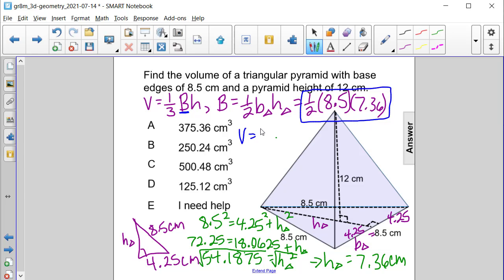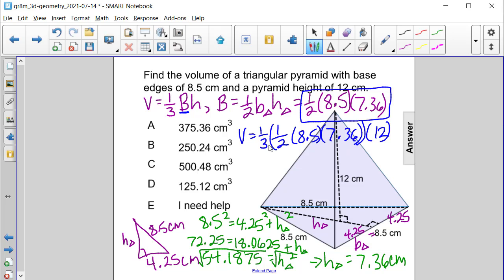We will still have the 1/3 in front, and then instead of capital B for area of the base, we substitute this expression: 1/2 times 8.5 times 7 36/100. And then we have to multiply by the height of our pyramid, which is 12.